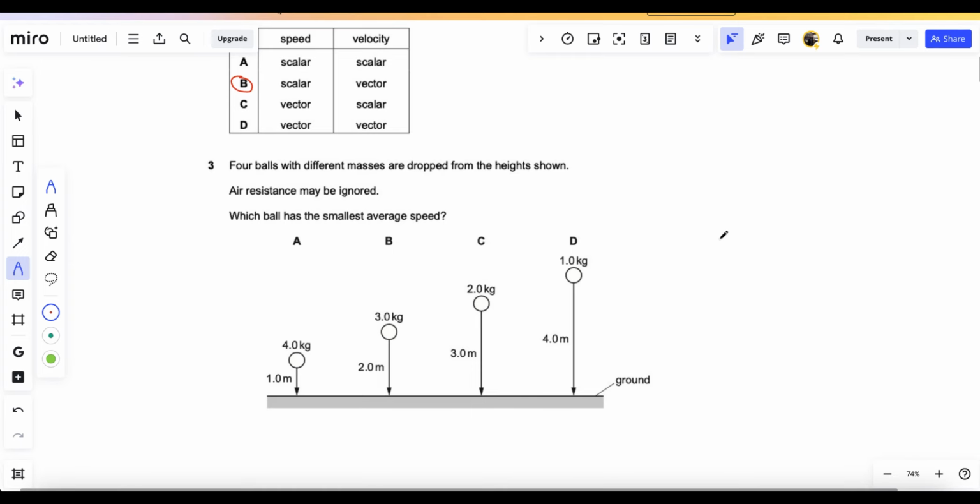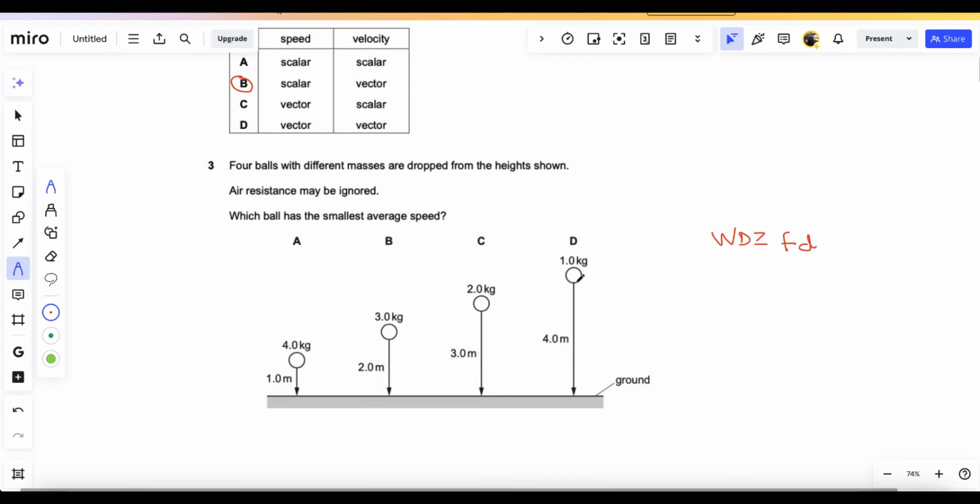The work done is force times distance. Force can be calculated as the weight. But in this case, they're asking about the speed.